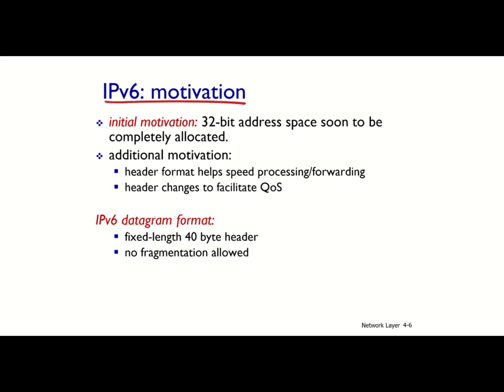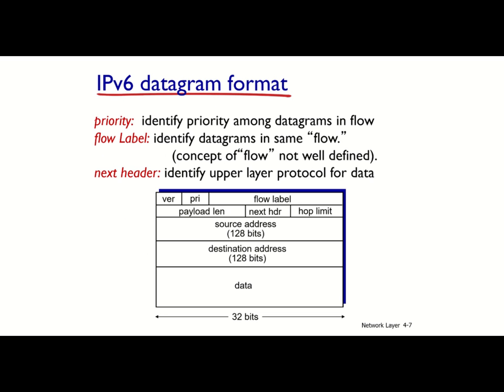And also another difference between IPv6 and IPv4 datagrams is that IPv6 doesn't allow fragmentation. Here you can see the details of the IPv6 datagram header. As you see above the data, we have the header elements, we have destination address and source address.